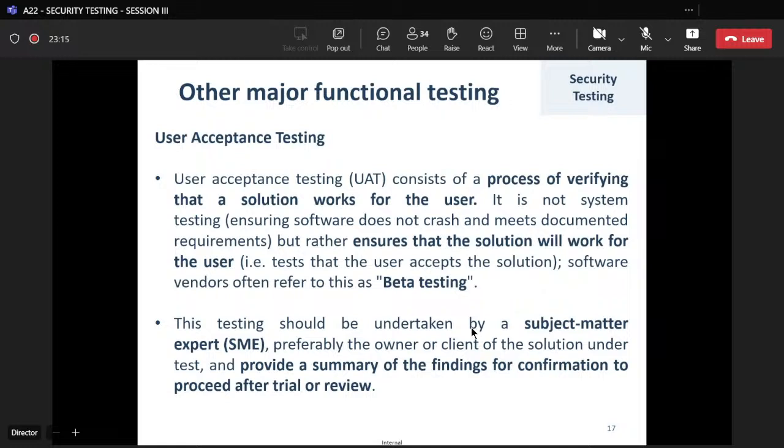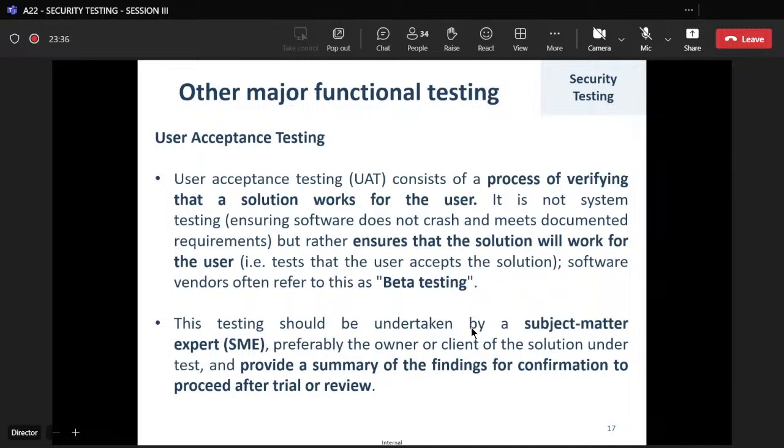Whatever test we make on the developing side is alpha testing. Whatever test we perform on the customer side or in the user environment is the beta test. So there are different types of testing: alpha testing, beta testing, gamma testing, right? Here the author is referring to this as beta testing.